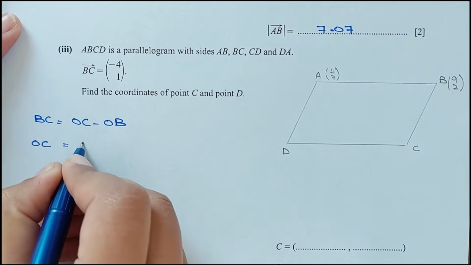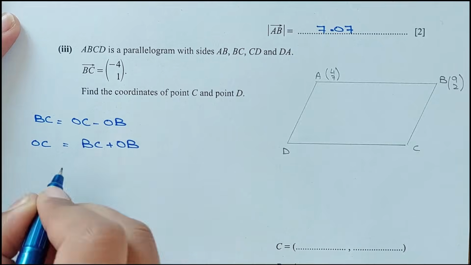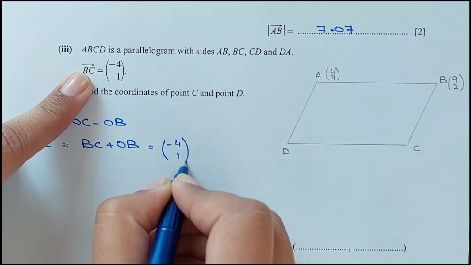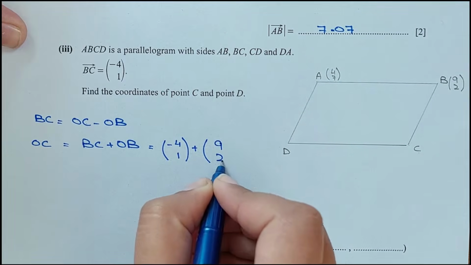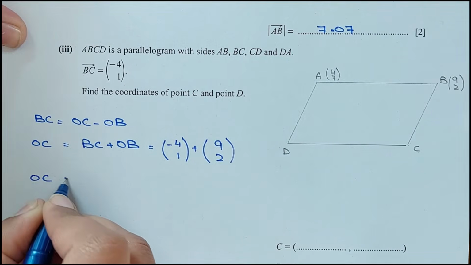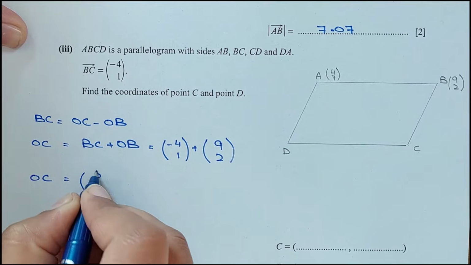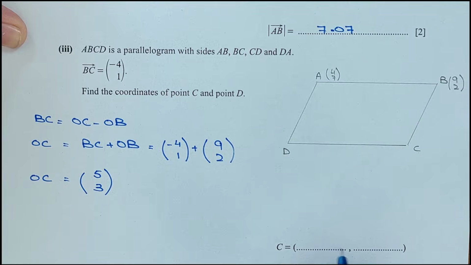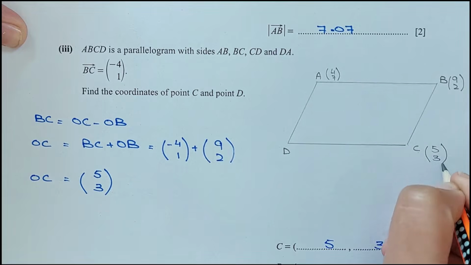OC is BC plus OB, right? So we have BC, which is -4, 1, plus OB, which is 9, 2. OC is -4 plus 9, which is 5, and 1 plus 2, which is 3. So the coordinates of C are 5 and 3. Let me write this down, 5 and 3.